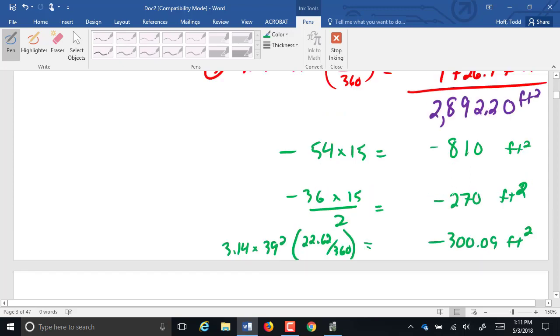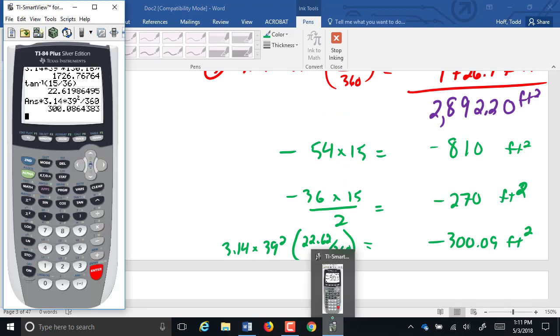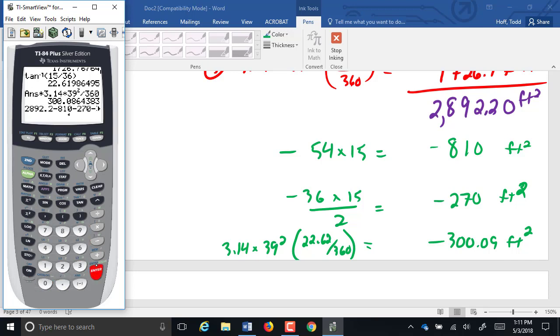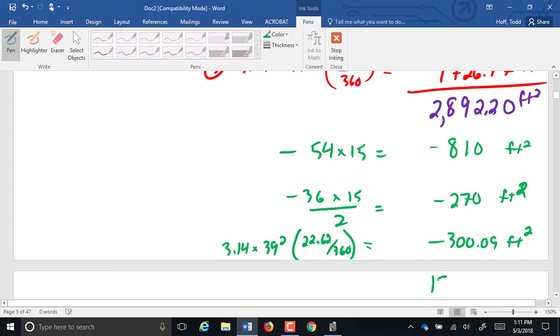So if we subtract those out, and yes, I'm going to be lazy, 2892.2 minus 810 minus 270 minus 300.09. 1512.11 square feet. That's our area.